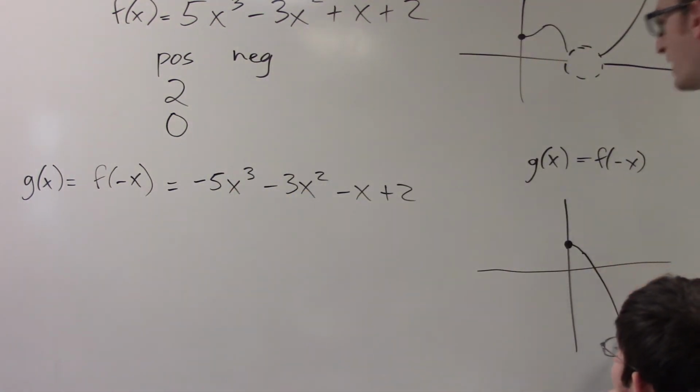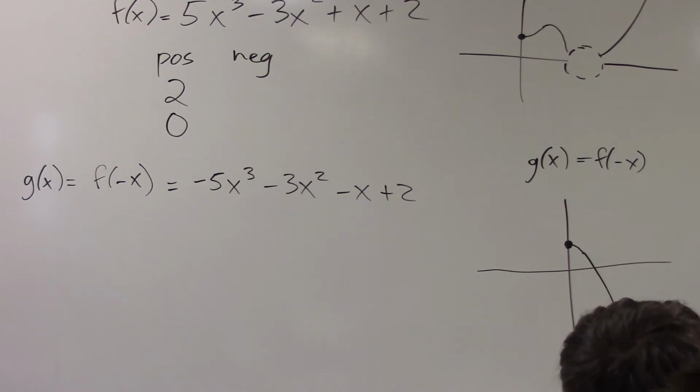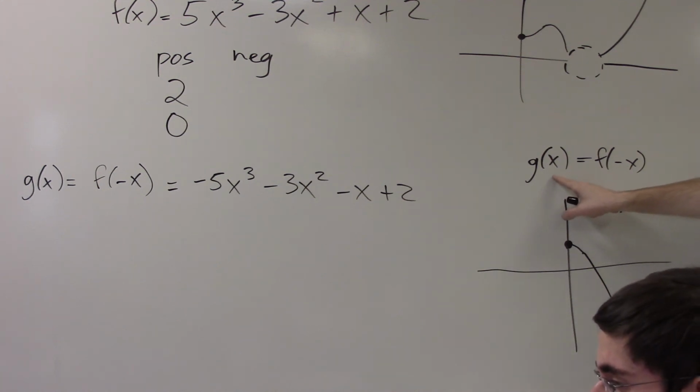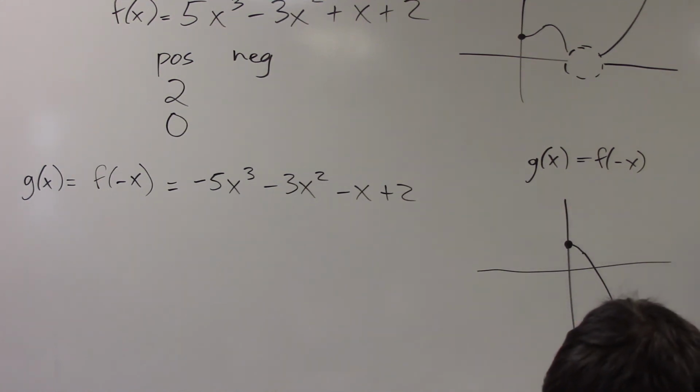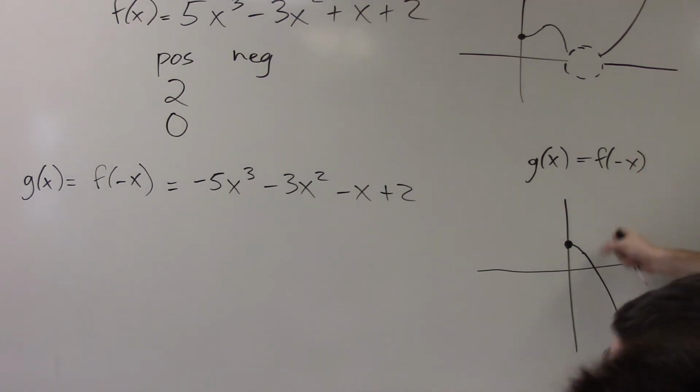And therefore, what I can say for sure about the g function is that it has precisely 1 positive real root. Careful, I'm talking about g as if it's its own thing now. G, by Descartes' rule of signs, has exactly one positive real root.